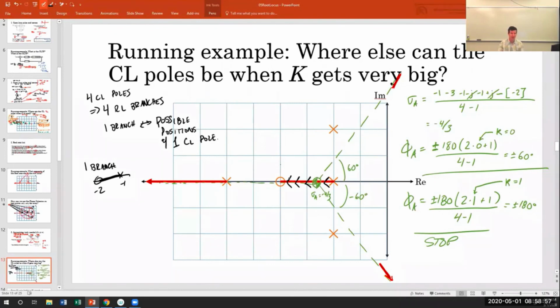If there aren't enough o's for all the x's, then the closed loop poles will migrate off the page. Okay, so yeah, one branch has a finite home, which means 3 branches go off the page, which means we need to calculate their asymptotic behavior.